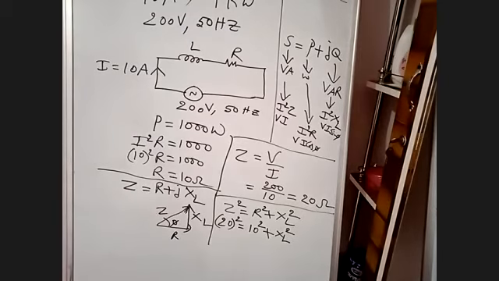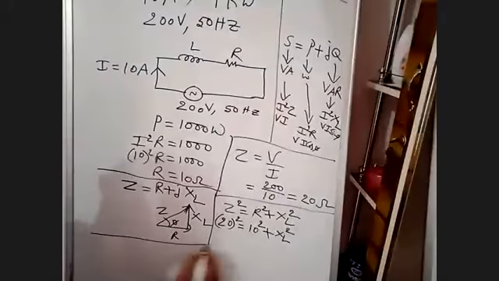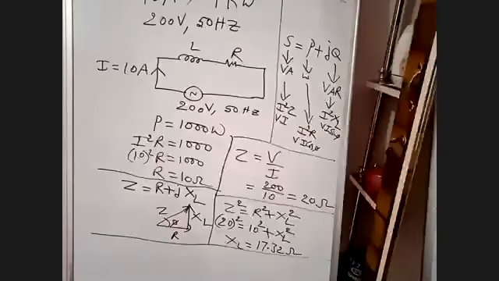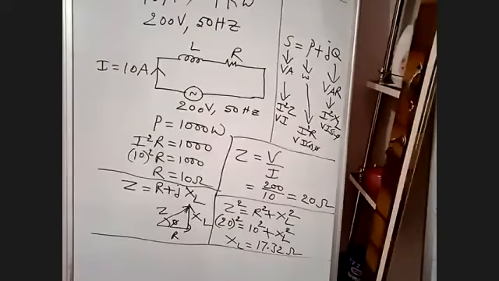How much? 300. 17.32. Take the square root. After taking the square, XL square, if you bring the square to this side, it will become square root. Square root of that is 17.32 ohms. The unit of XL is ohms.